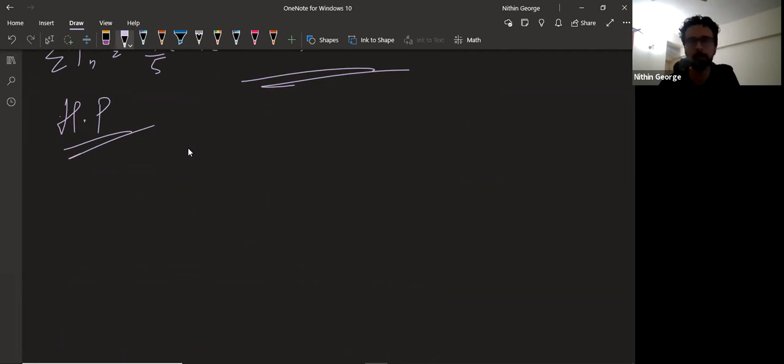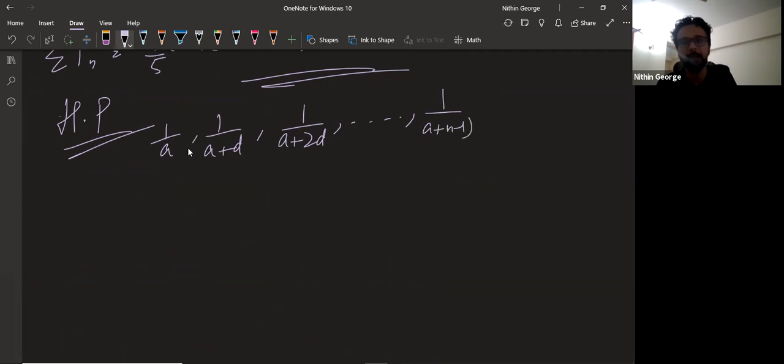Now, harmonic progression. What is harmonic progression? The reciprocal is an AP. A progression in such a sense that the reciprocal is an AP.